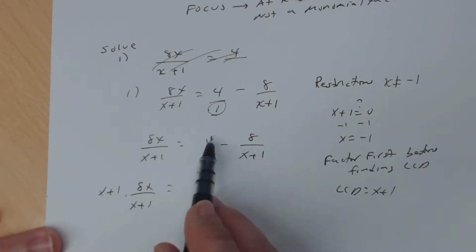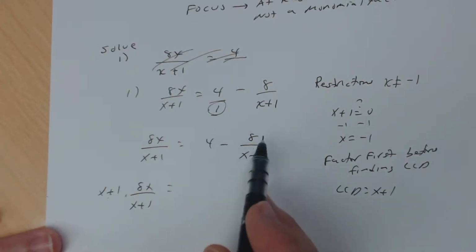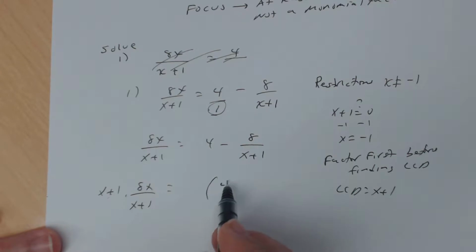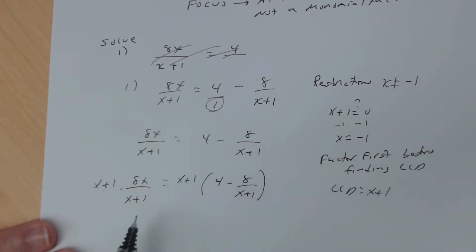Now, on the right side, I have two fractions, so I'm going to put that in parentheses. So 4 minus 8 divided by x plus 1, and then I'm going to multiply by x plus 1. Remember, the whole idea is to clear your denominators, so clear your fractions. So you multiply both sides by the LCD: the left side by x plus 1, the right side by x plus 1.